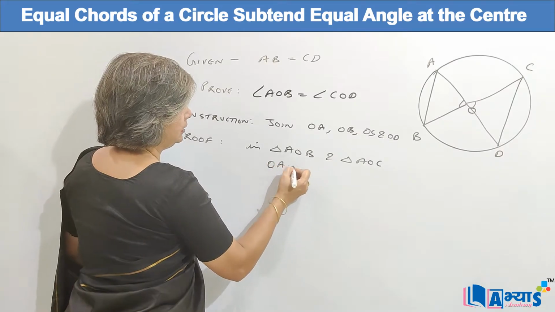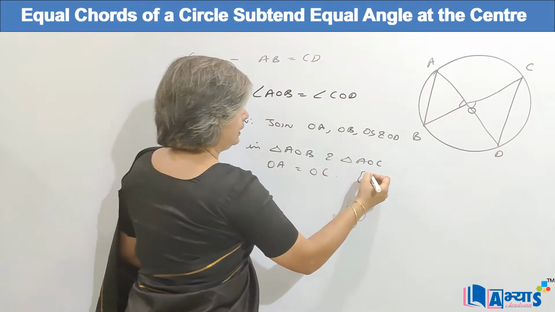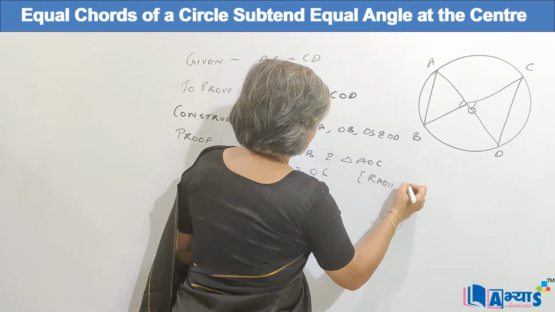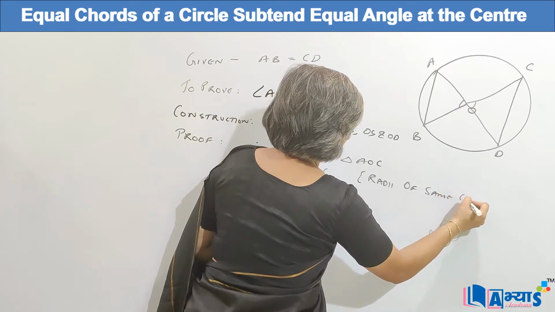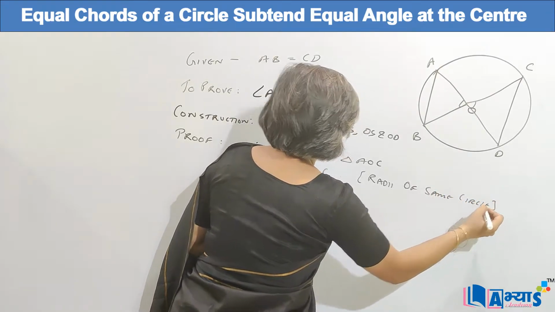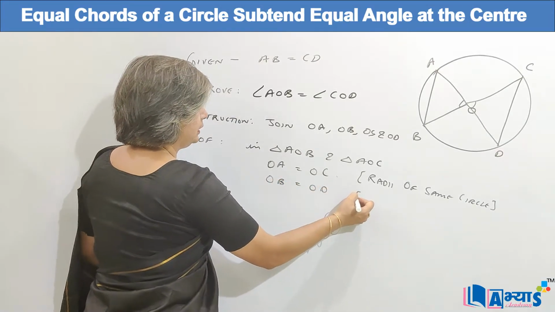OA is equal to OC, radii of the same circle. Similarly, OB is equal to OD. The reason is the same.